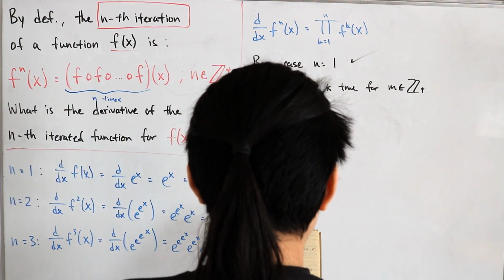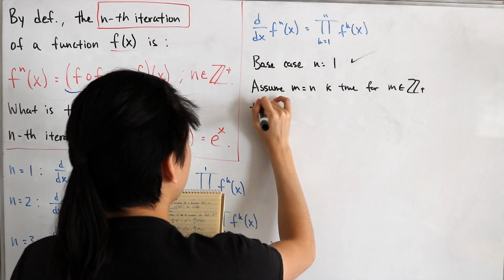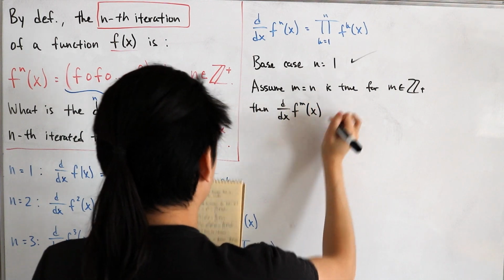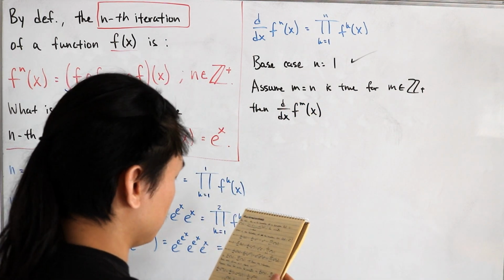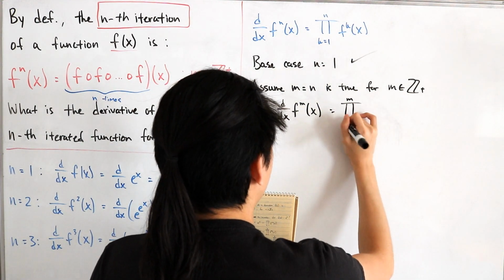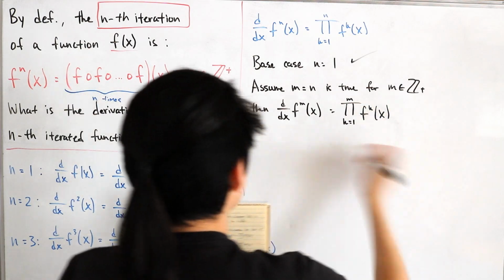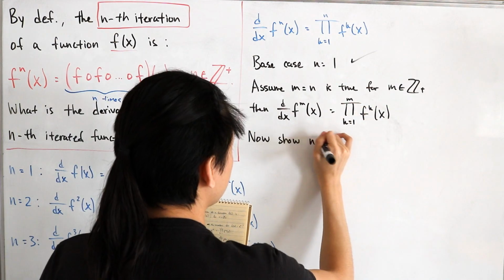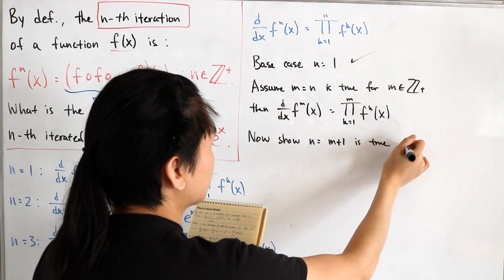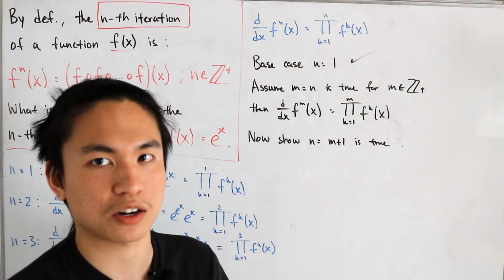And so now we have to show that if that's the case, then the derivative of f composed m times of x, or the m-iterated of x, sorry about that, is just basically the same thing over here, but with m replaced, the product from k equal to 1 to m of f sub k of x. Okay, so with this true, now show n equals m plus 1 holds true. And if we can do that, then that means that by mathematical induction, we have found our closed formula over here that I'll box once we get to that.